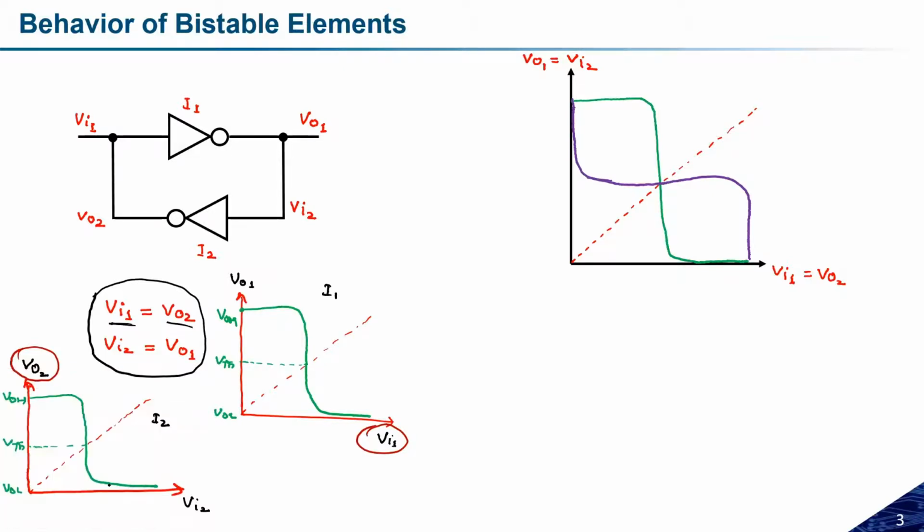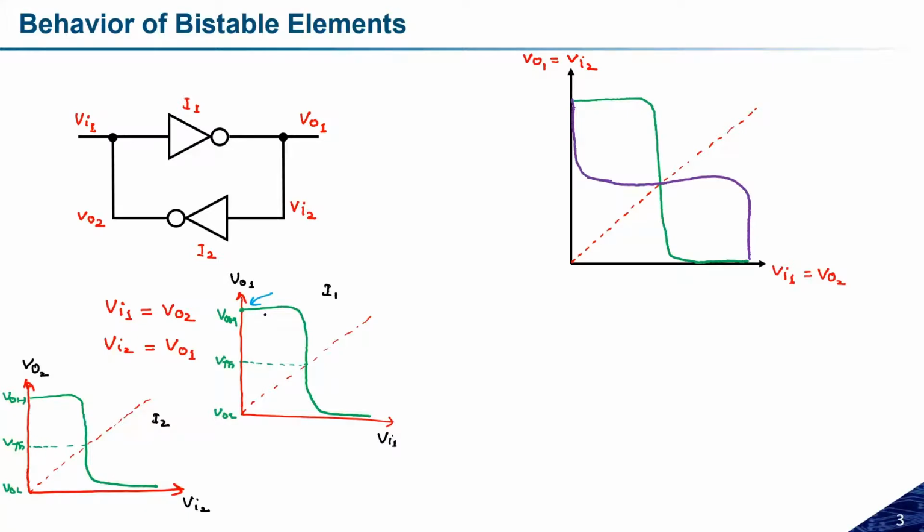Now let us point out some of the important things. In the previous circuits, whatever characteristics we have drawn here, if I'm considering this particular node, at this node the inverter will have a particular logic. So there is no uncertainty.